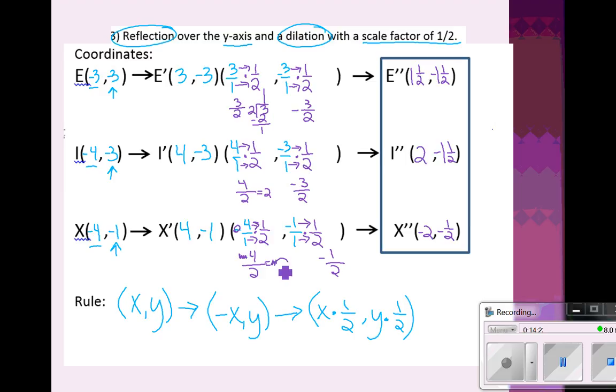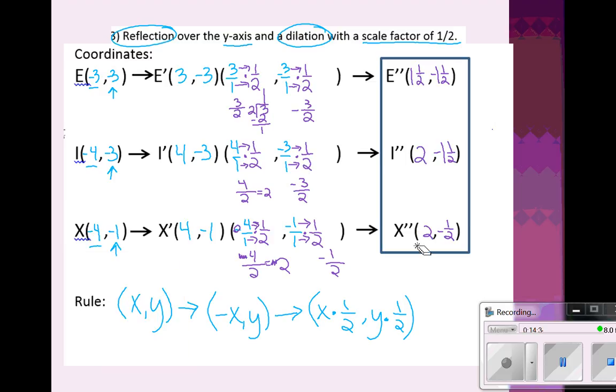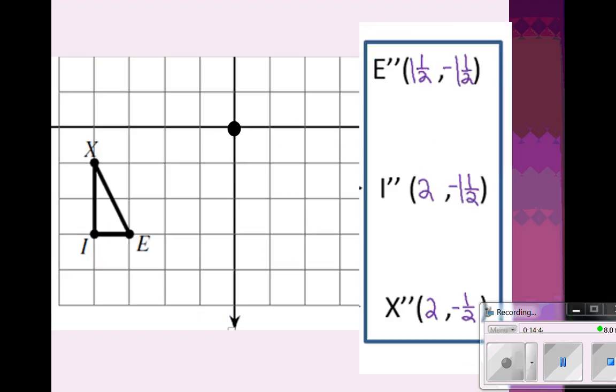It would be positive, which means this would not be negative. It would also be positive. So let's go over to the answer, because instead of -2, it should say +2. So let's make sure that we make that correction. Now we can graph the image because it will be correct.